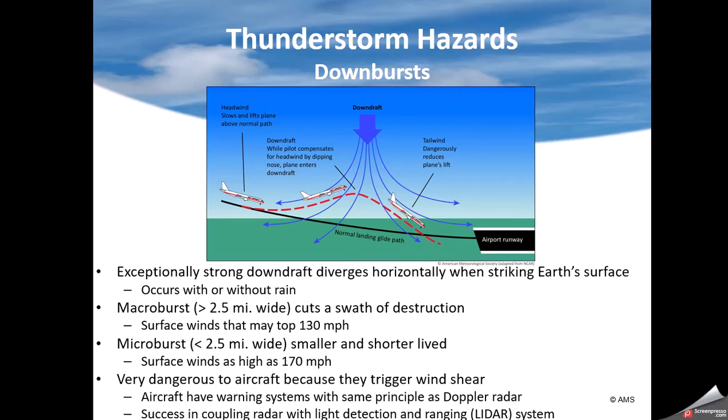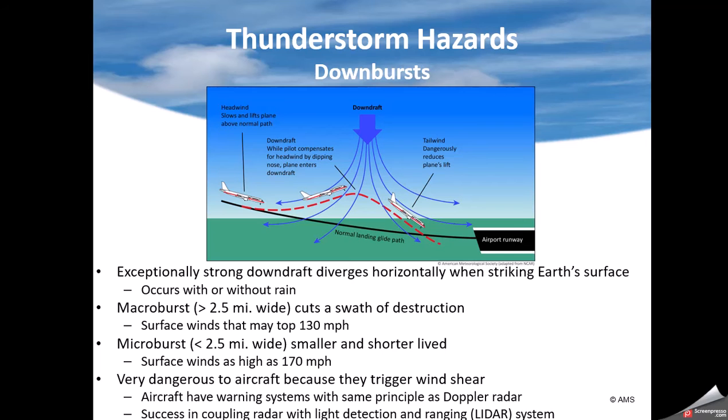Downdrafts are really, really nasty for aircraft, because the winds into the wings provide lift. So the more wind coming in towards the wing, the better the lift. The less wind, the worse the lift.